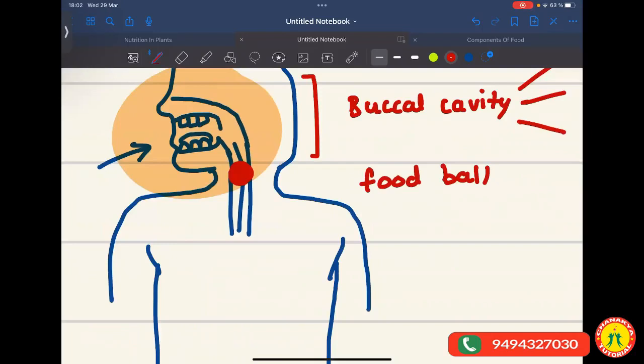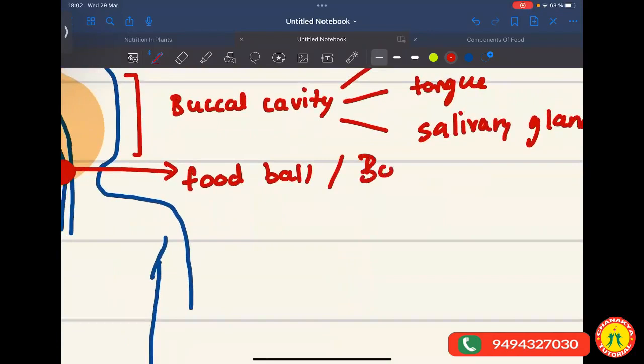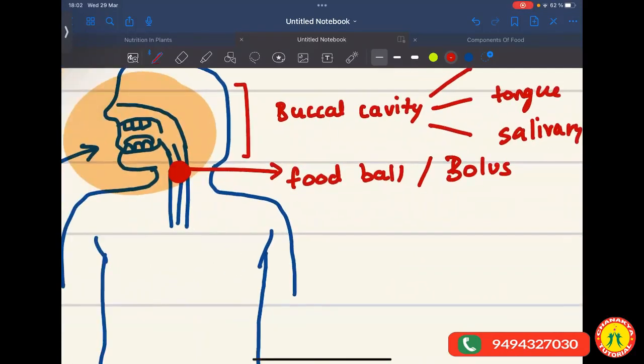It has saliva, it has water, it has all that. It's like a ball. This ball is known as bolus. Don't take notes now, listen carefully. It's called bolus.